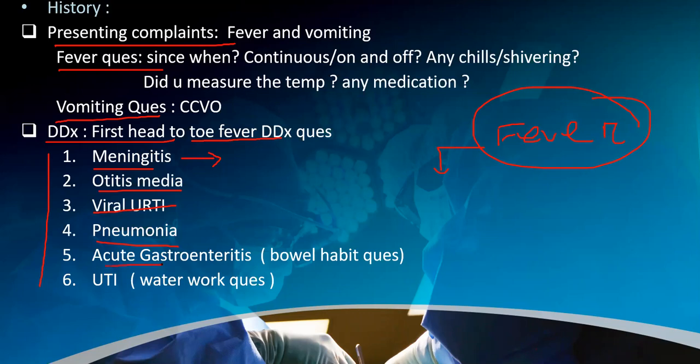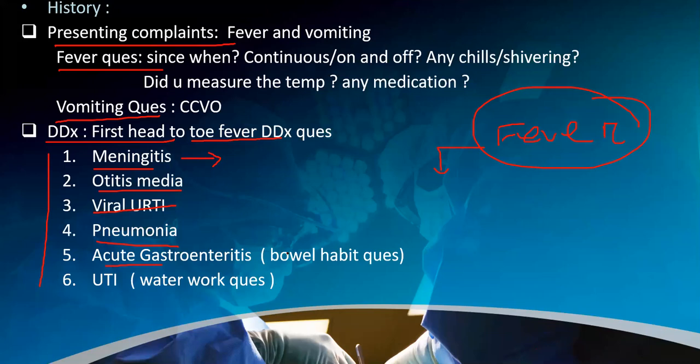Then go down, you have the tummy. In the tummy, you have gastroenteritis and UTI. So ask about the bowel habit, ask about the waterworks. Cool. So these are the main differential diagnosis of fever and vomiting: meningitis, otitis media, viral upper respiratory tract infection, pneumonia, gastroenteritis, UTI.